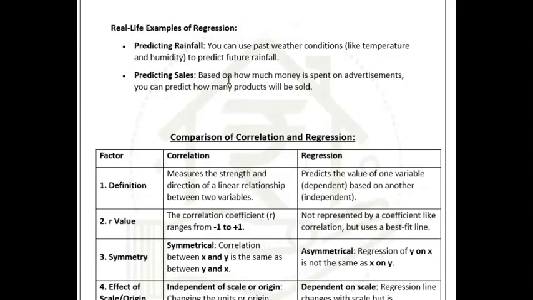Predicting sales based on how much money is spent on advertisement: if you do advertisement of 1 lakh rupees, then your product will sell approximately 10 lakh rupees. If more advertisement, your sales will grow. If you do advertisement of 2 lakhs, there is a chance your sales will go up to 20 lakhs.